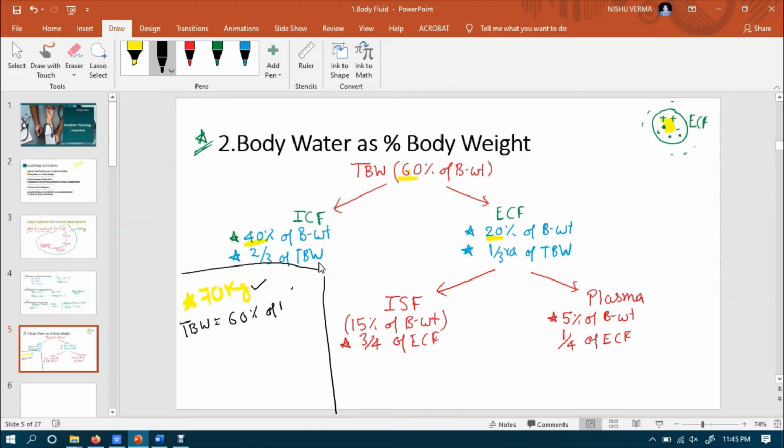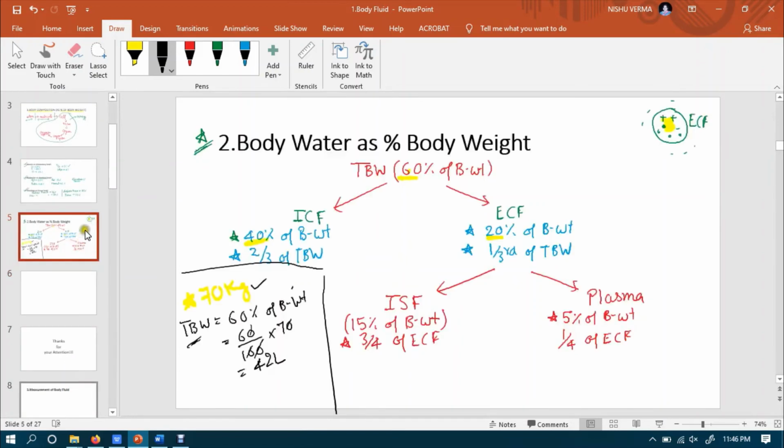So 60 upon 100 into the weight of the man, we get 42 liters. So a man with 70 kilogram weight has a total of 42 liters of total body water content.